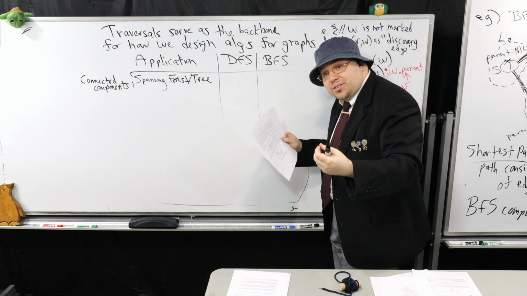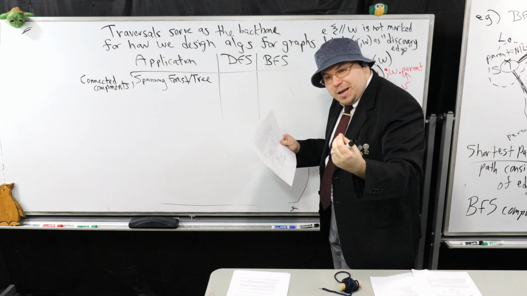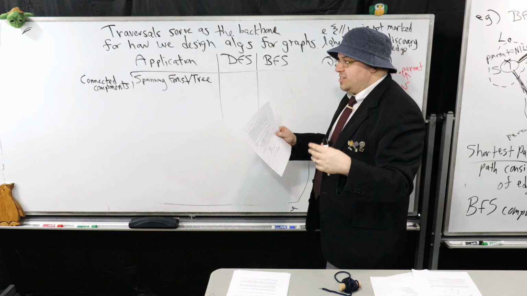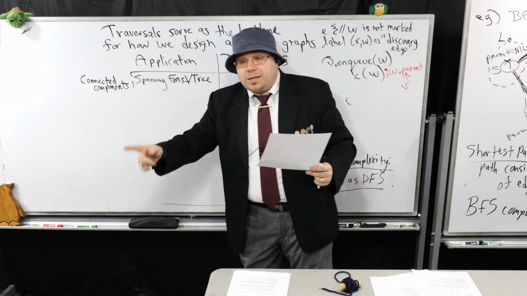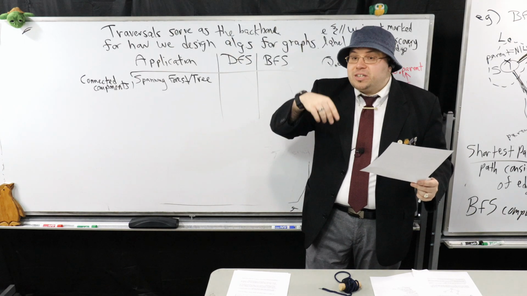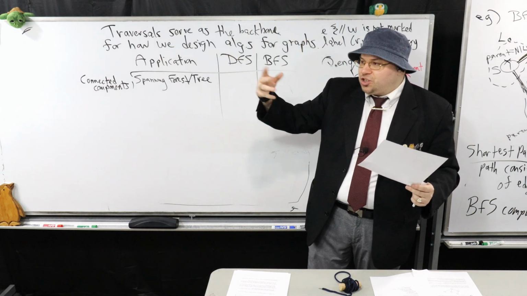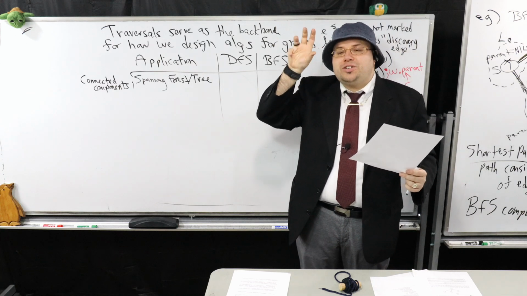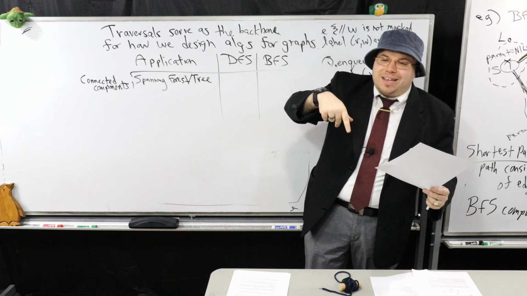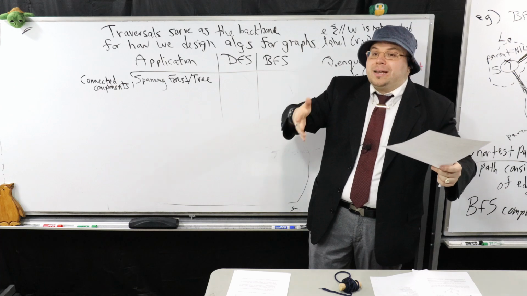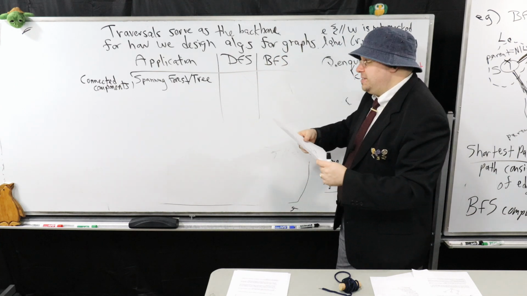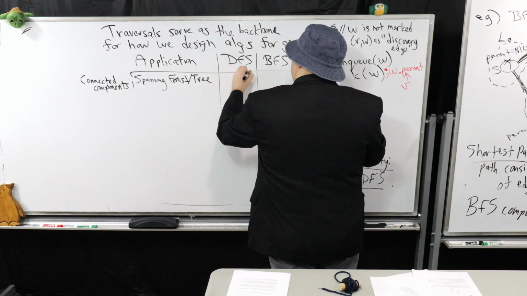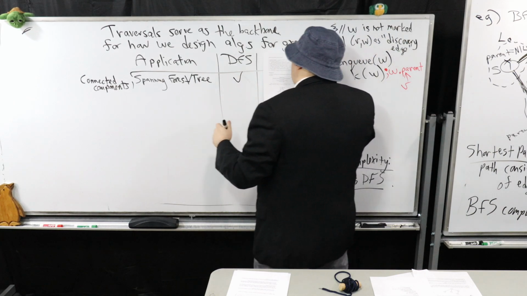If it's a connected graph, it's a spanning tree. If it's disconnected, it's a spanning forest. But with each one of these, you can also identify what the connected components are. You could store what you've labeled and marked in an additional data structure, and call that a connected component, say if you're using these for identification purposes. So you could use BFS and DFS both for these.